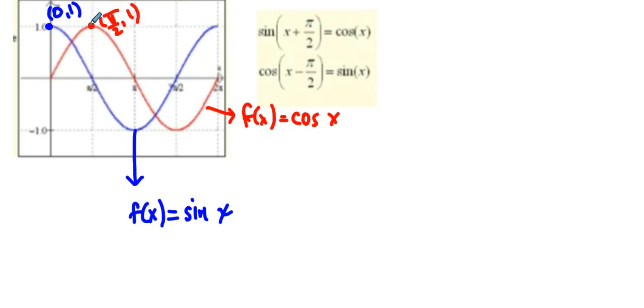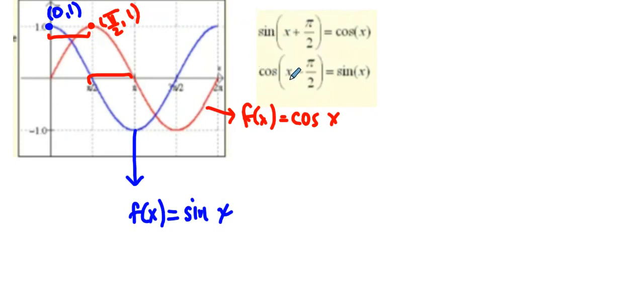So the sine will always catch up to the value after pi over 2 radians. So that's what this is saying. This is the phase shift. Okay, the values are always pi over 2 radians apart. Okay, so this is what this means here.